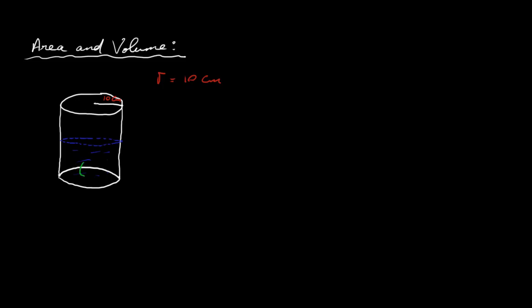So the sphere is going to end up here, and again the sphere has a certain radius. Let's say the sphere has radius 5 centimeters. So this is our sphere, and this here then is our cylinder.